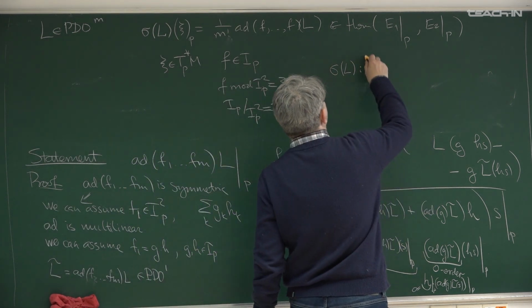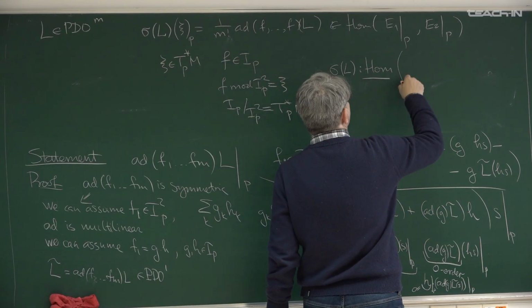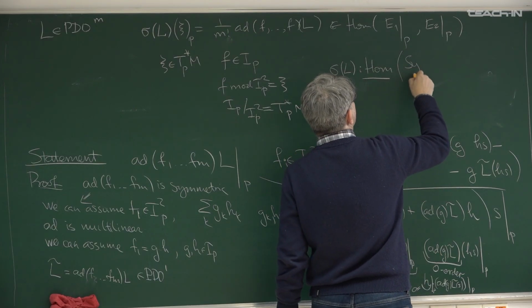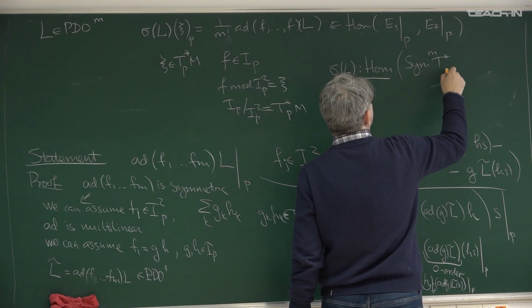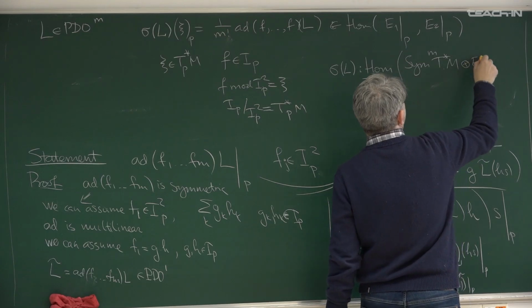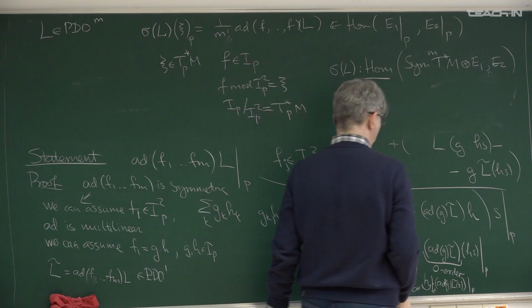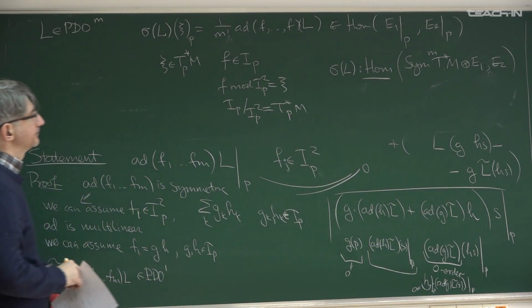So the symbol can be considered as an element of bundle morphisms from the symmetric mth power of the cotangent space tensored with E1 to E2. The formula for this is given here.